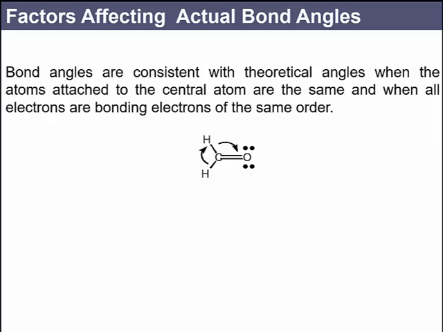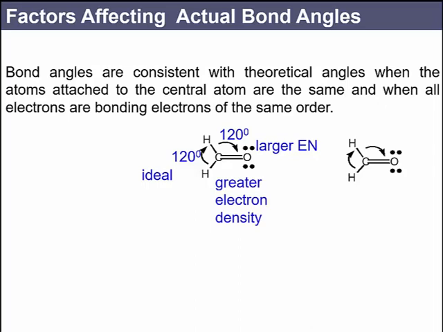Ideally, each of these angles will be 120 degrees in our trigonal planar geometry. So it should be 120 degrees between the hydrogen and the oxygen, and 120 degrees between the hydrogens themselves. That's ideally what happens. But this oxygen is going to have a larger electronegativity. It's got these lone pairs up here, so a lot more of our electron density will be centered over this oxygen.